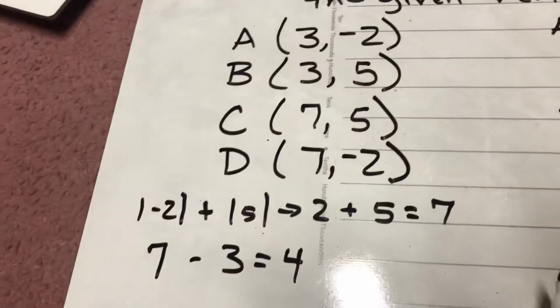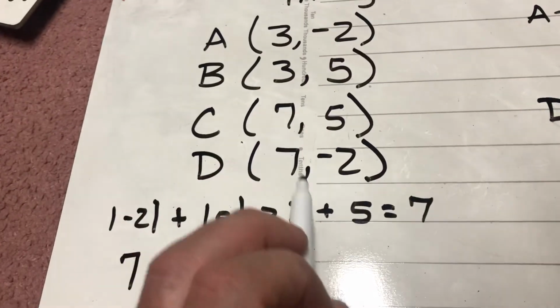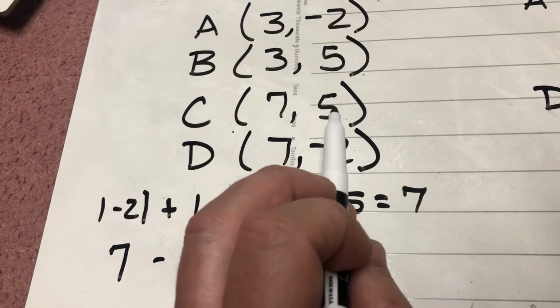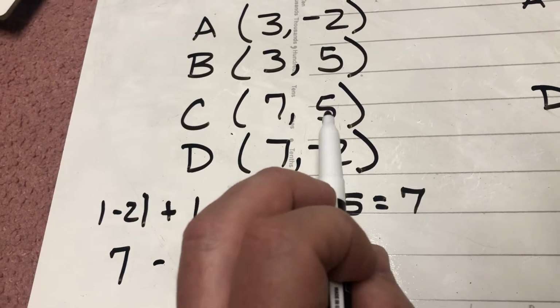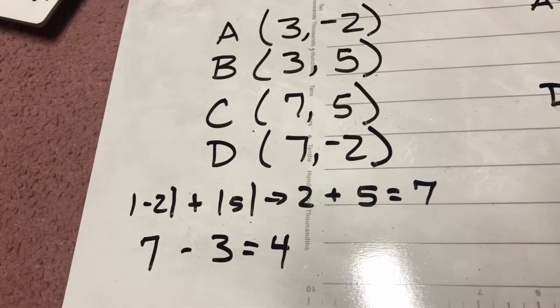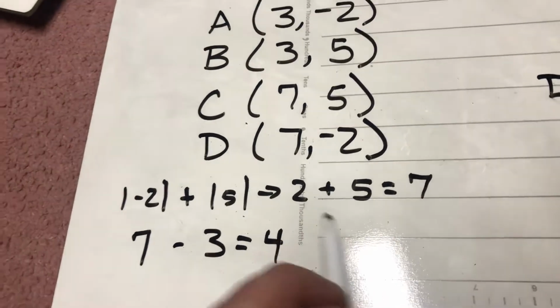Now, between C and D, once again, the X coordinate is positive for both, but C has a Y coordinate that's positive, D has a Y coordinate that's negative. So different quadrants, different quadrants add.